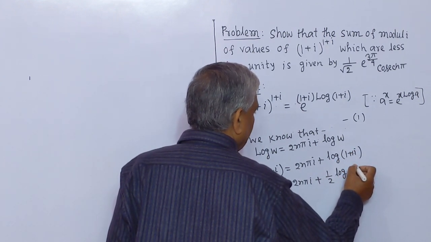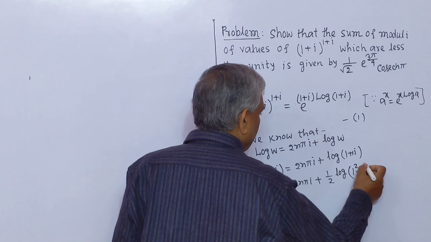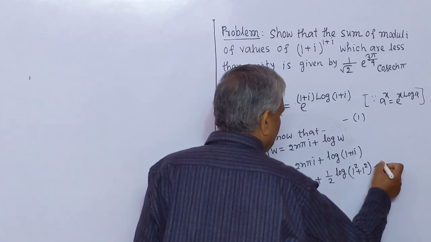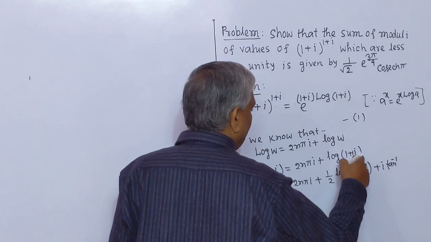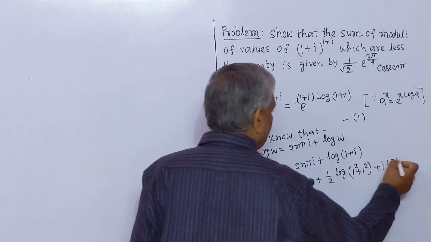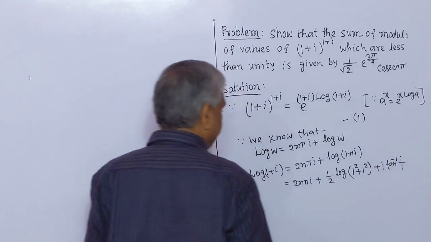So this is 1 square plus 1 square, plus i tan inverse beta by alpha, that is 1 by 1.